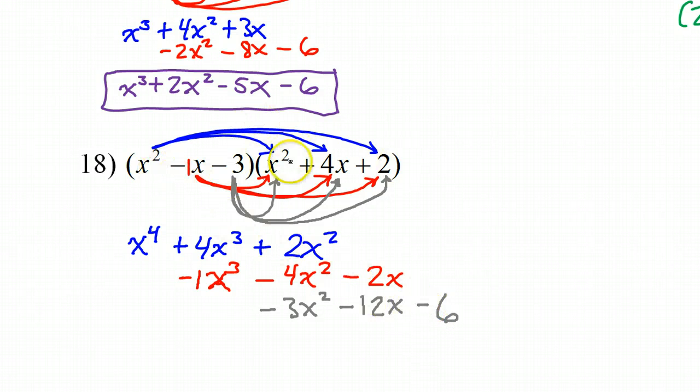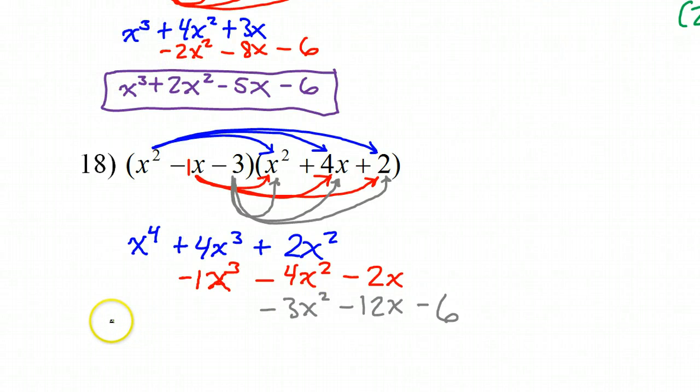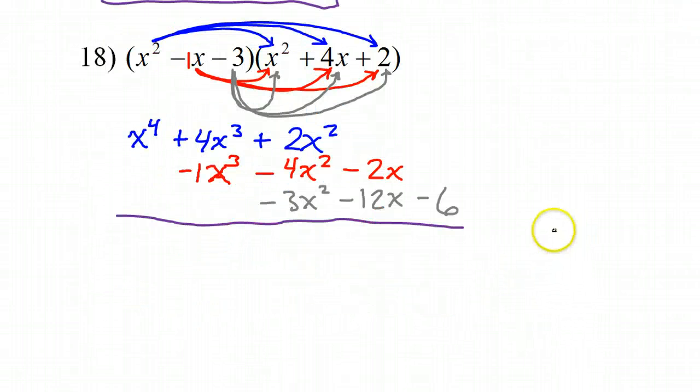So it's the same thing as we did before, but we had to distribute 3 different things instead of just 2 or 1. Same concept. And then, like we always do, in the end, we have to combine any like terms. x to the 4th power is just going to come down.